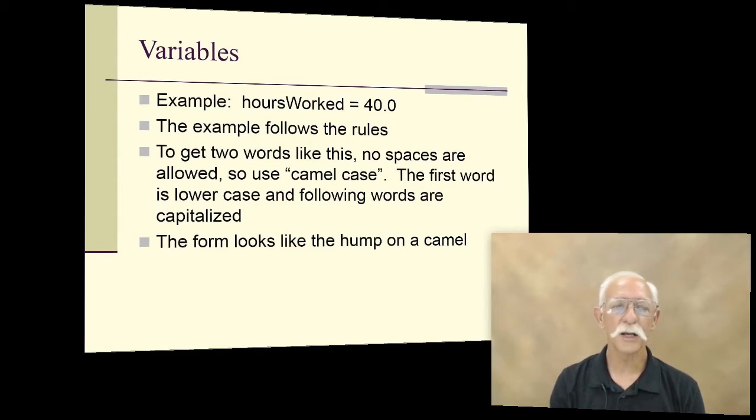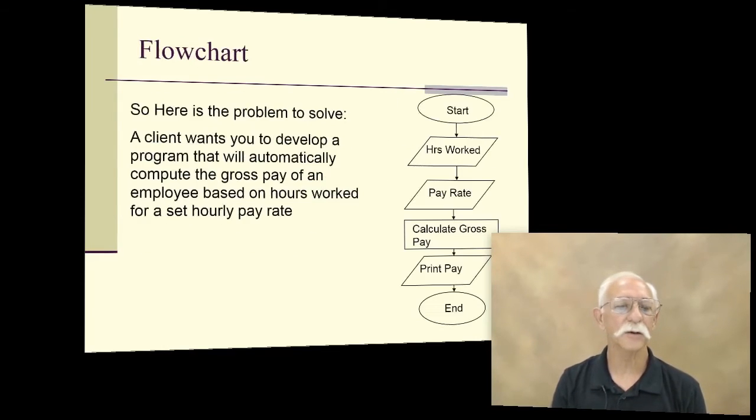So now your eyes will automatically see two separate words: one is hours, and the second one is worked. We call it camel case because if you just look at it, it looks like the W forms the hump of a camel. And of course, if you've got two words that are capitalized, you've got a two-hump camel. So that's where the term comes from, and it makes sense. But that gives us an example to follow.